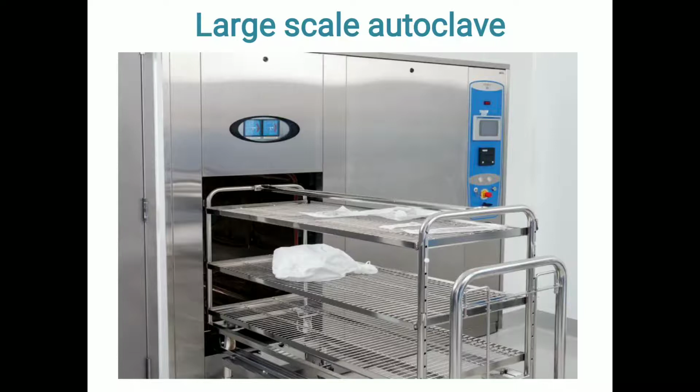At the end of the sterilization process, the equipment gives an alarm, and after that it automatically switches off. So it is a fully automated equipment mainly used for sterilization purposes.